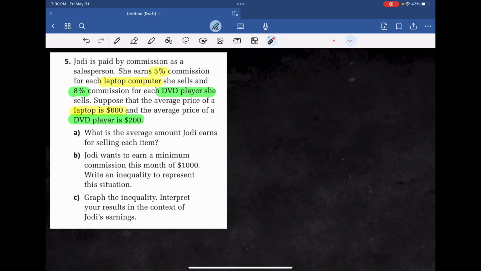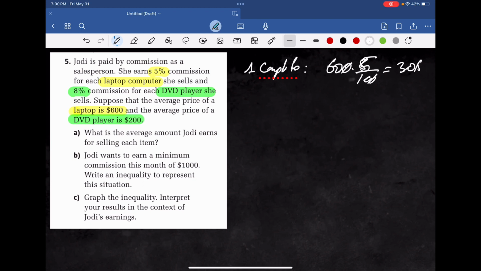Suppose she sells one computer, she will earn $600 times 5%, which is $30. If she sells one DVD, she will earn 200 times 8%, which is $16.